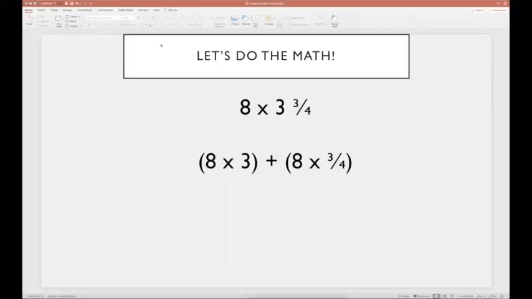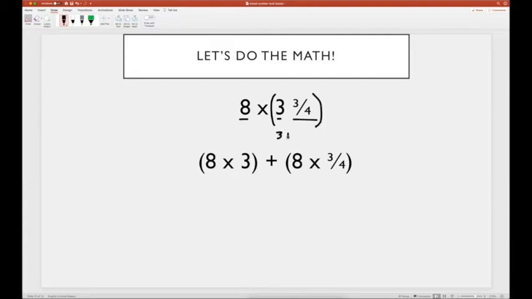All right? So let's do the math here. Right? 8 times 3 3/4. Again, we're utilizing the distributive property here. So what we're doing is we're making sure that we're multiplying 8 times both 3 and 3/4, right? So we can think of this section here as 3 plus 3/4.